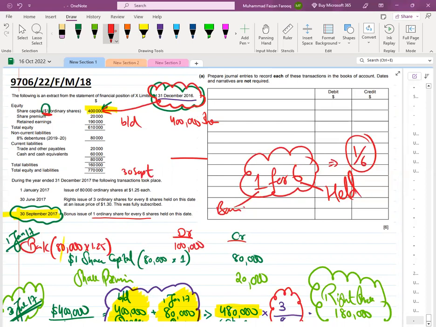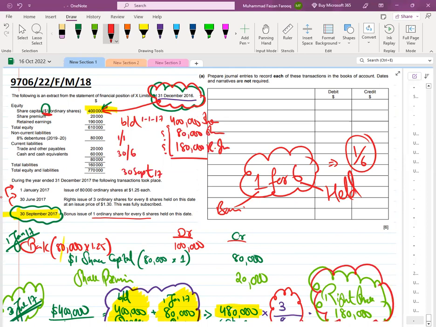Does any transaction happen between 1st of January 2017 and 30th September 2017? So I can say yes, we had 1st of January and we had 30th of June. Both these dates are before this 30th September, right or wrong? Yes. We had 80,000 shares issued and we have 180,000 right issue. We already calculated that right here, 180, right or wrong?